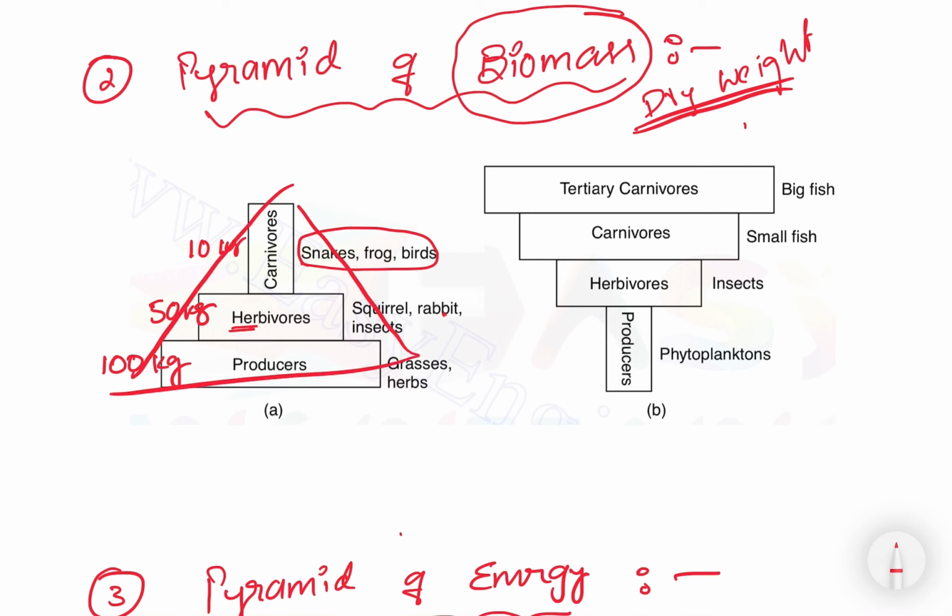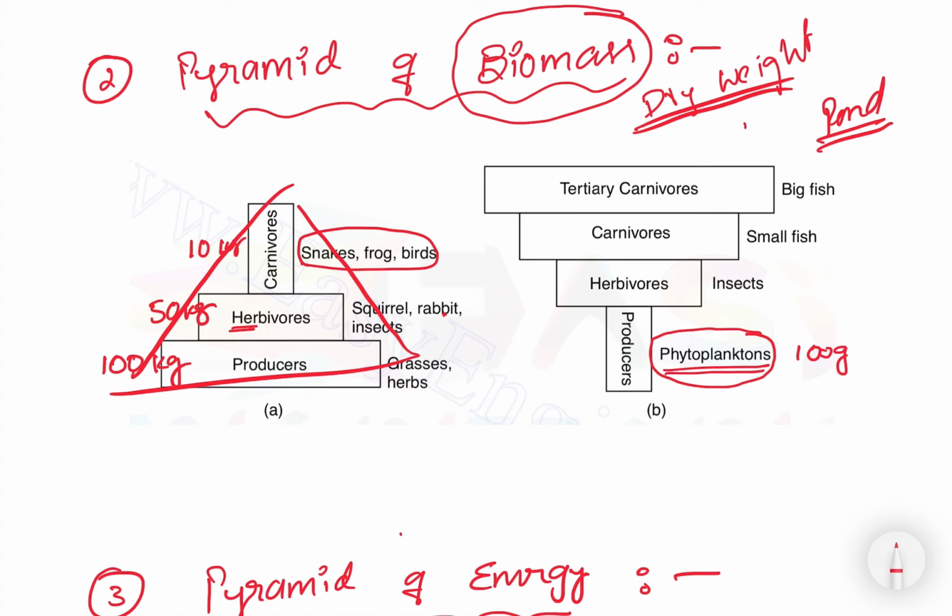Whereas if we check the same kind of pyramid of biomass in a pond ecosystem, see, the phytoplanktons, which are producers and form the first trophic level in a pond ecosystem, since their size is comparatively very small, may weigh not more than 100 grams.